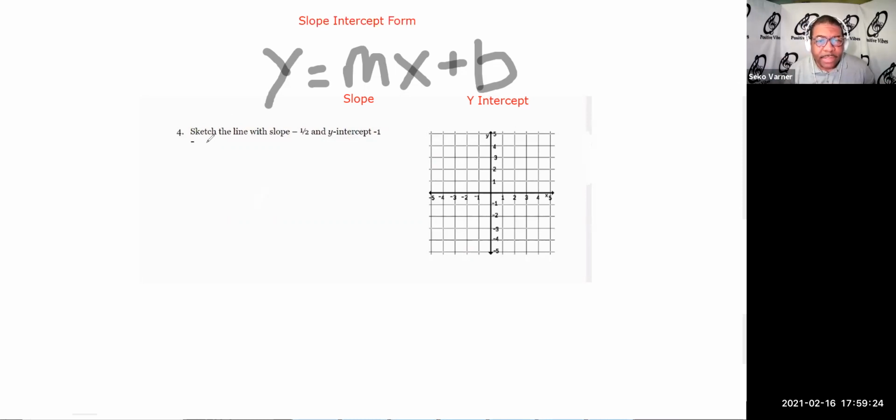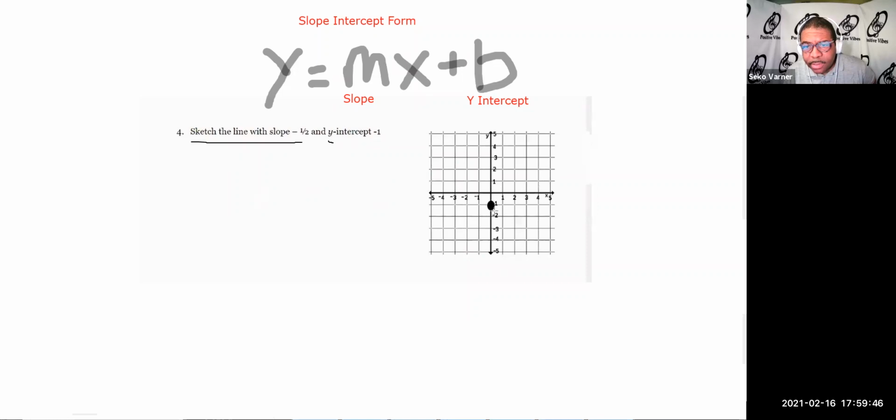All right, this tells us to sketch the line with a slope -1/2 and a y-intercept of -1. So our y-intercept is going to be -1. Now, here's 0, here's -1. Why did I say here's 0? Because I just want you to know where your point of origin is.